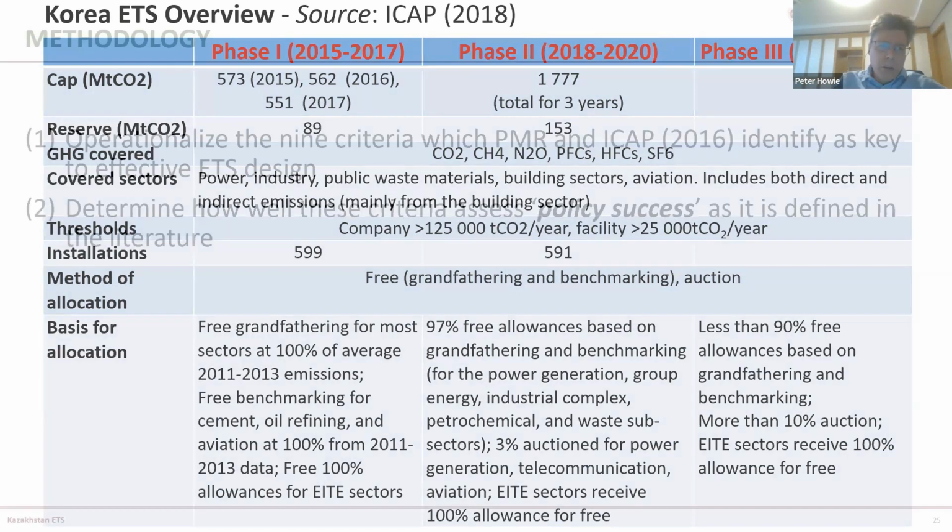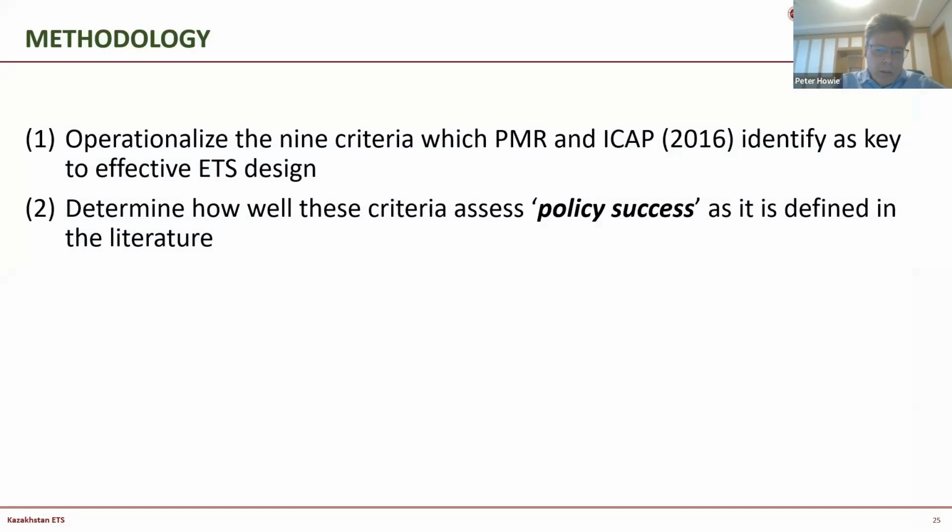The methodology that we used to analyze the Korean emissions and Kazakhstan emissions is we looked at ICAP and PMR's criteria for effective ETS design.